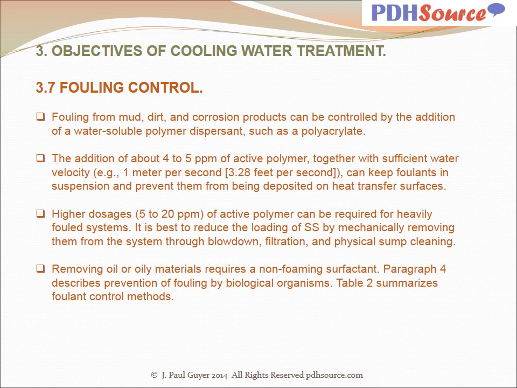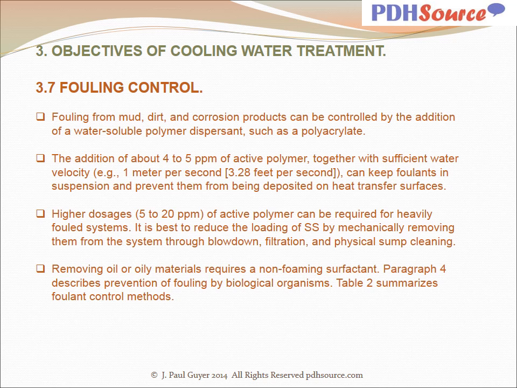Fouling from mud, dirt, and corrosion products can be controlled by the addition of a water-soluble polymer dispersant such as polyacrylate. The addition of about 4 to 5 parts per million of active polymer together with sufficient water velocity, around 3.28 feet per second, can keep foulants in suspension and prevent them from being deposited on heat transfer surfaces.